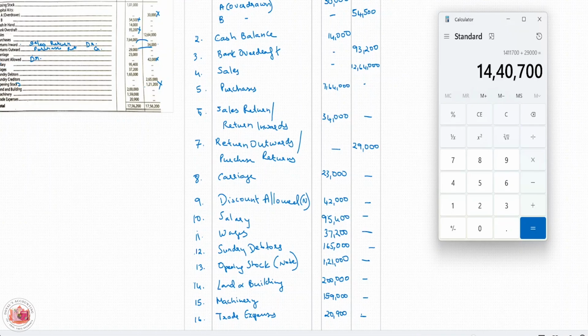Okay, so I'm missing something. What am I missing? Oh, I did not write my sundry creditors balance.